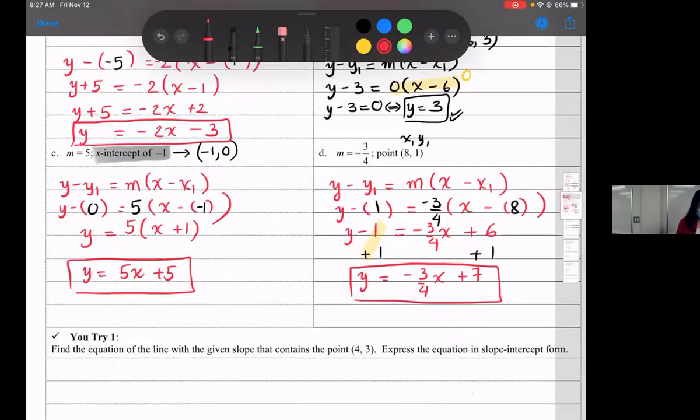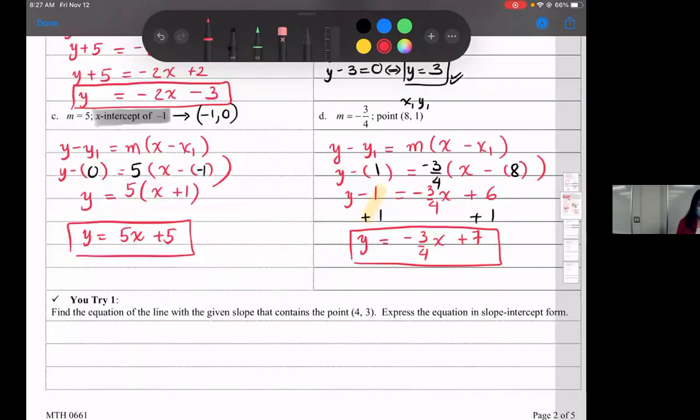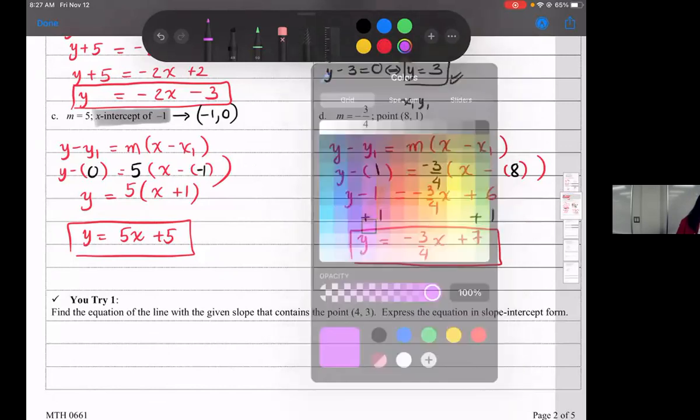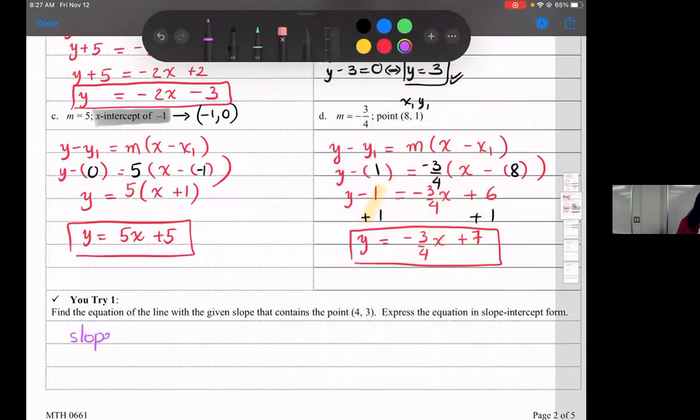You try one: find the equation of a line with a given slope that contains the point 4, 3. So the slope is, let me write the slope for you, -5.